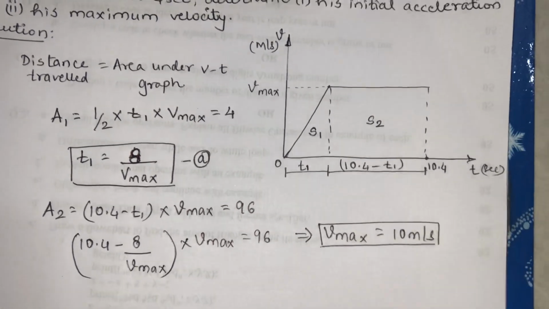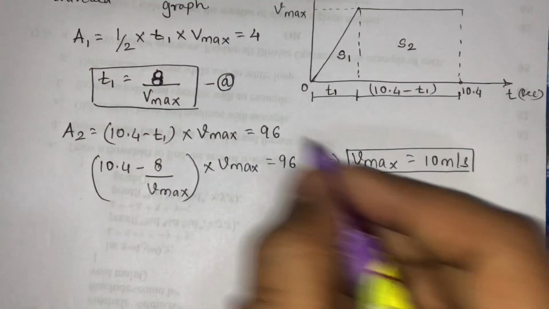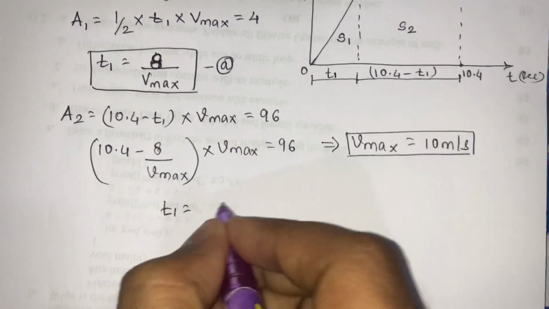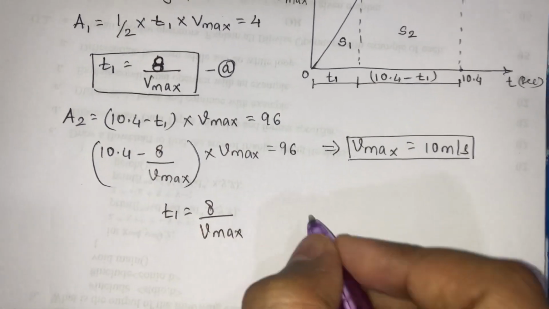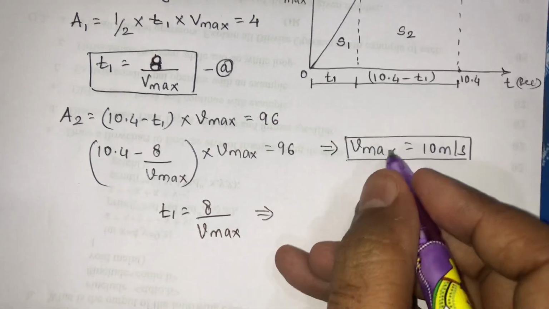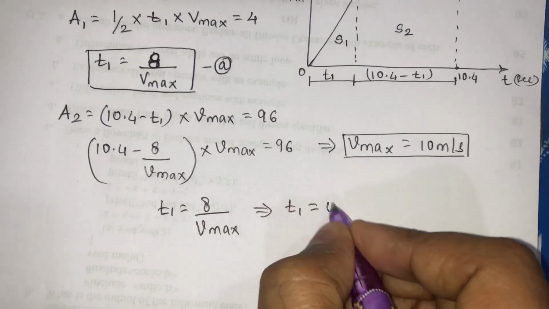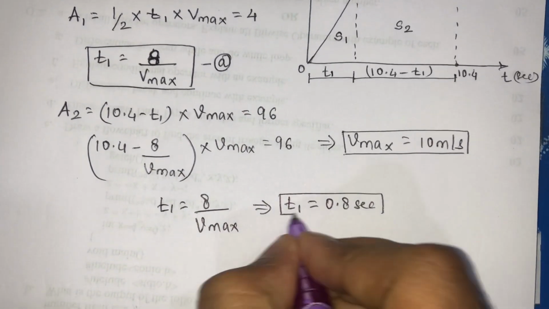I hope you understood till this one. Now if this V max is substituted in the equation t1 equals 8 upon V max, then t1 equals 0.8 seconds.